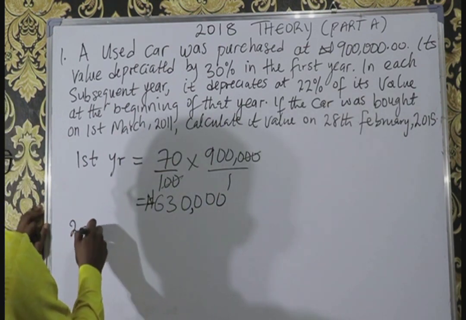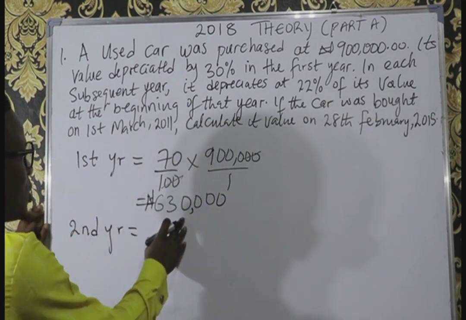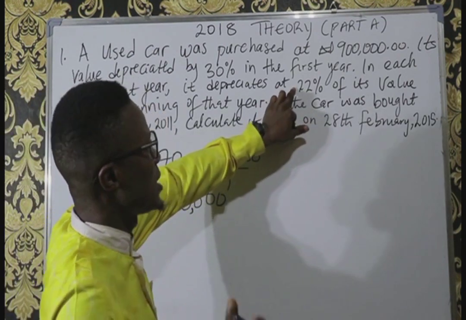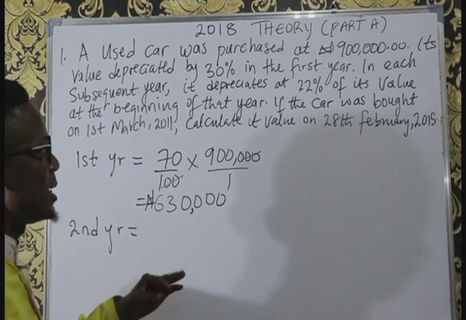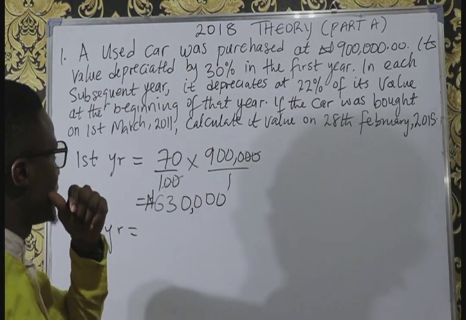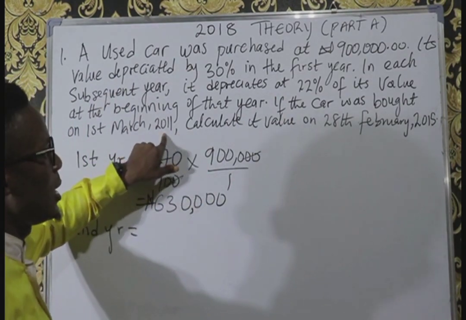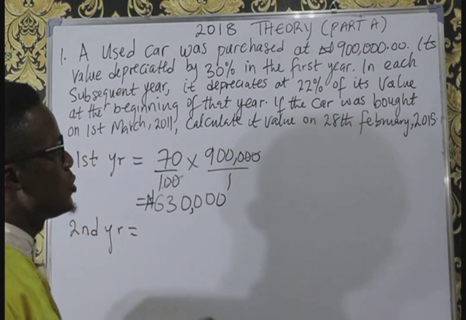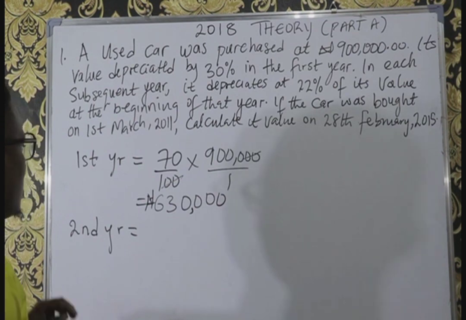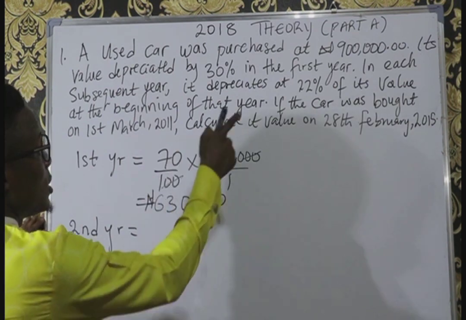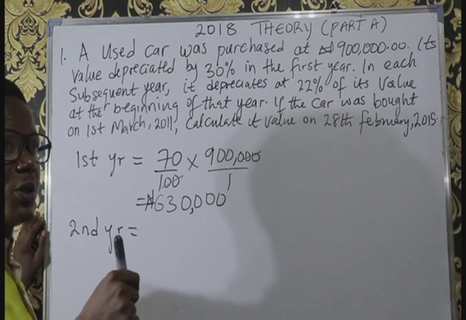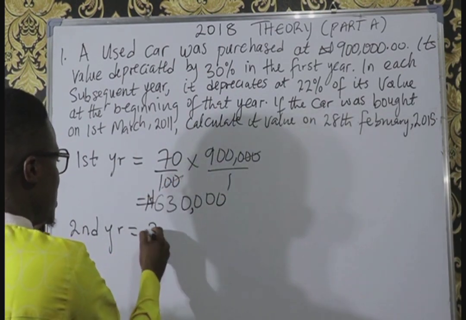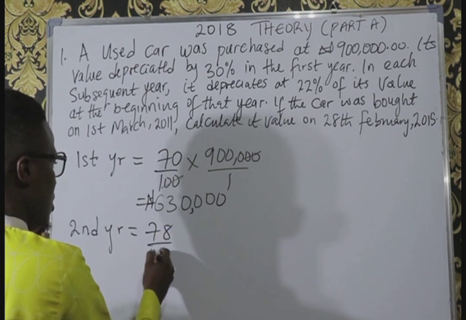Now, second year, we shall begin with 630,000 naira. But we are told that the value depreciates by 22% in the other years, apart from the first year where it depreciated by 30%. But remember, this started from 2011 and ended at 2015, which is 4 years. So we are going to do this in 4 places. So the second year we have 22% depreciation, which means removing 22 from 100, and that will give us 78% over 100.